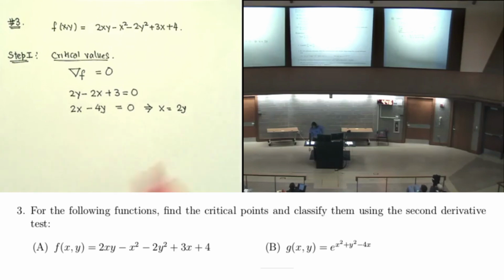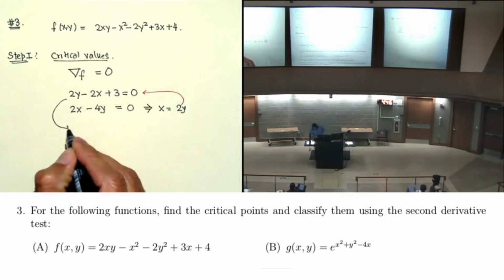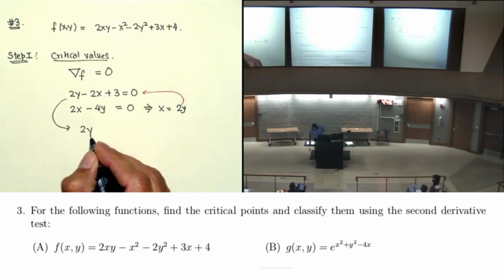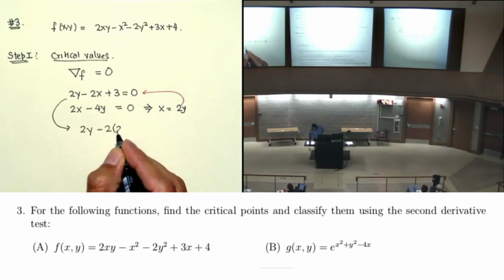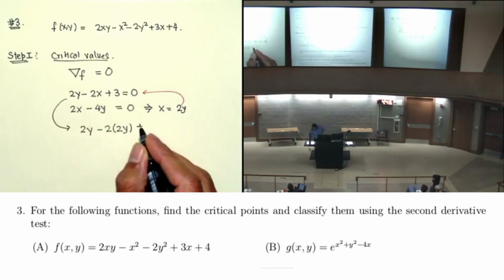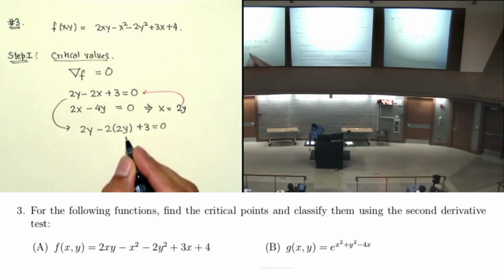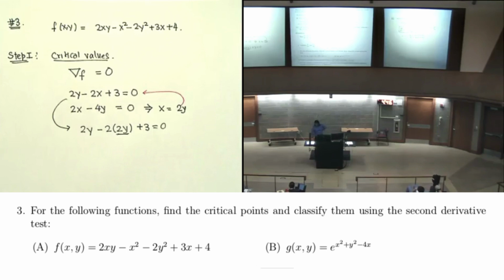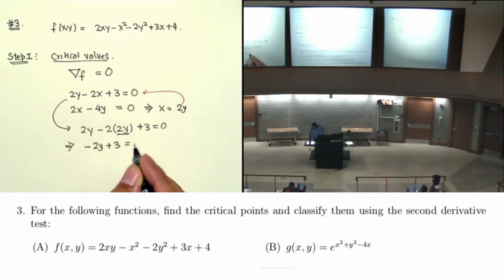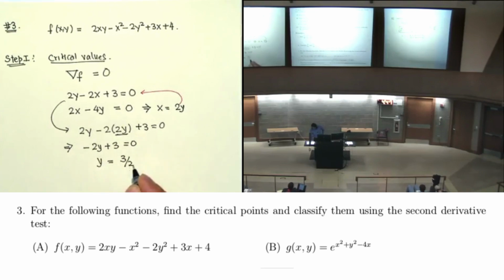If I plug x equals 2y back into the first equation: 2y minus 2 times 2y plus 3 equals 0. I replace x by 2y. If you add them up, this is a 2y, this is a negative 4y, so negative 2y plus 3 equals 0. Therefore, y is equal to 3/2.